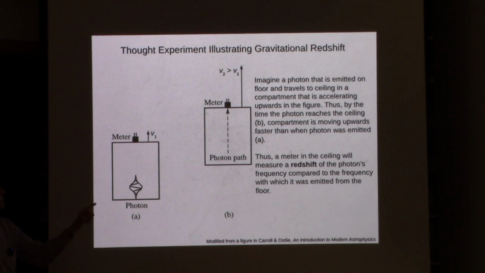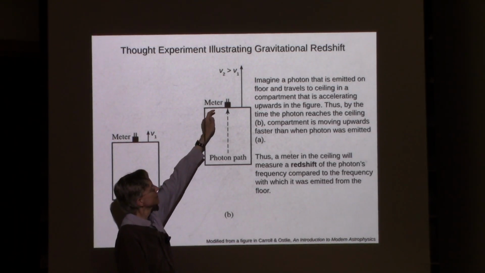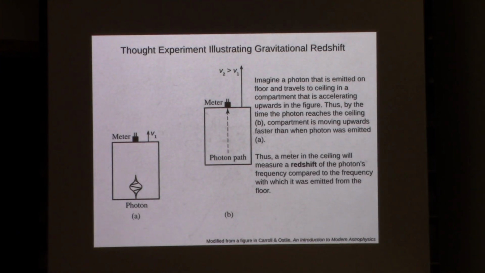So by the time the photon reaches the ceiling, the compartment is moving upwards faster than it was when the photon was emitted from the floor. That's step one. By the time it reaches the ceiling, the rocket is moving faster upwards than it was when the photon was emitted at the floor, because the rocket's been accelerating the whole time. Does that make sense?